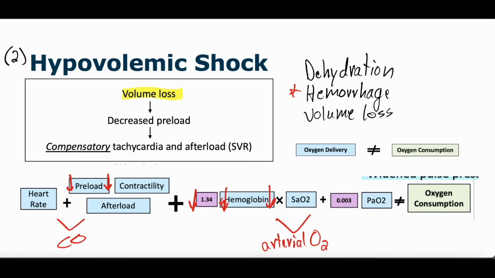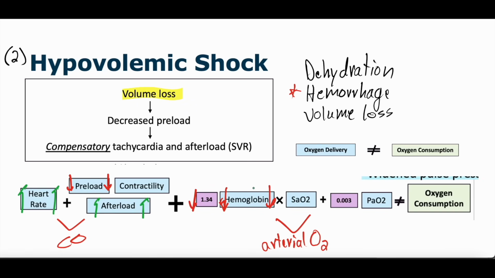To compensate, your body increases the heart rate, it gets tachycardic, and it vasoconstricts, it increases your afterload, right? So what that does is it tries to maintain the cardiac output to keep up with oxygen consumption. At some point, though, if this gets so bad that even increasing the heart rate and increasing the afterload cannot keep up with oxygen delivery, that is when you start to get shock. You start to get tissue hypoxia.